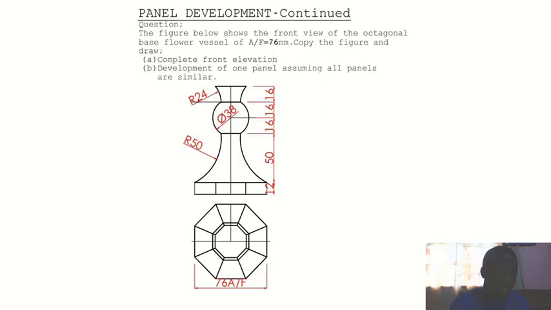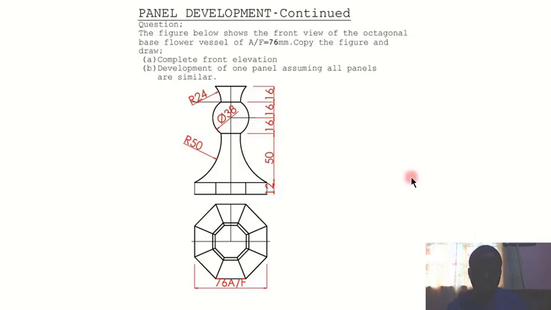We have a guiding question. The question says, the figure below shows the front view of the octagonal base flower vessel of AF, that's across the flat, 76 millimeters. Copy the figure and draw the complete front elevation. B, development of one panel assuming all panels are similar.